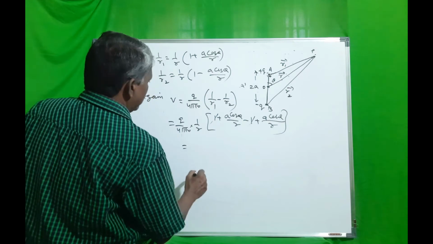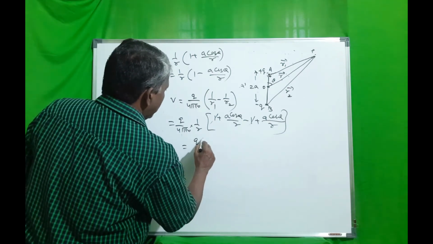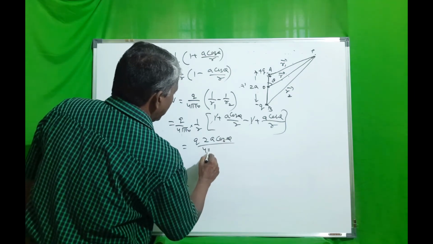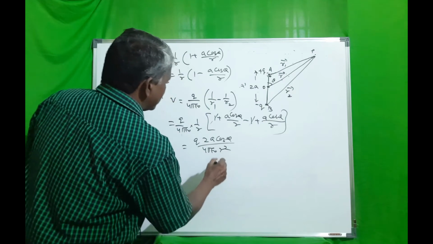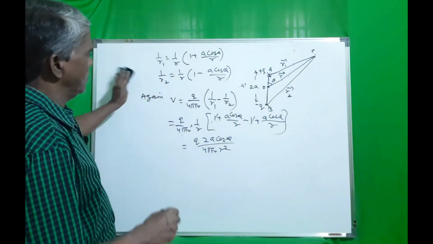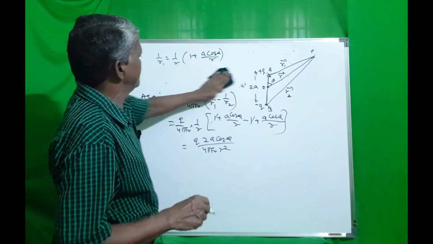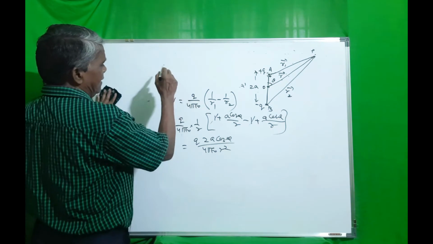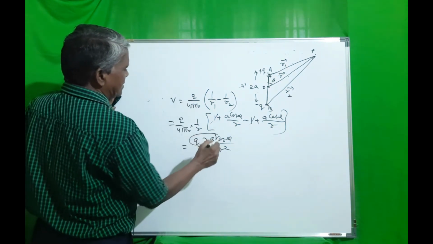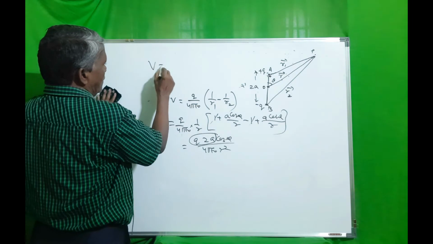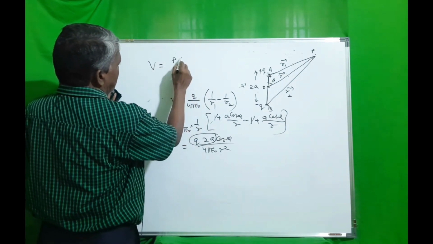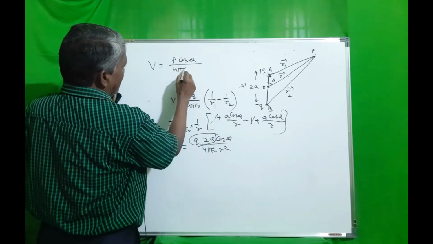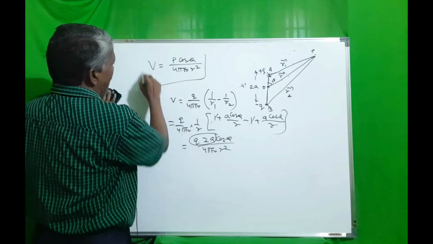So this is q into 2a cos theta by 4 pi epsilon 0 r square. This term is dipole moment P, or V is equal to P cos theta by 4 pi epsilon 0 r square.